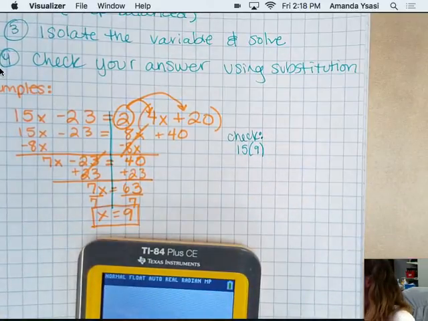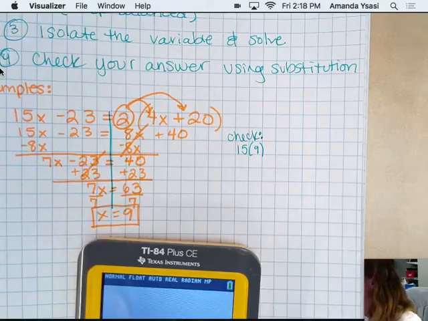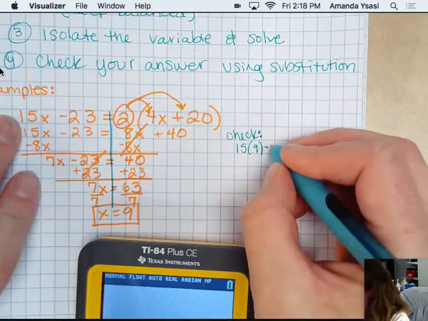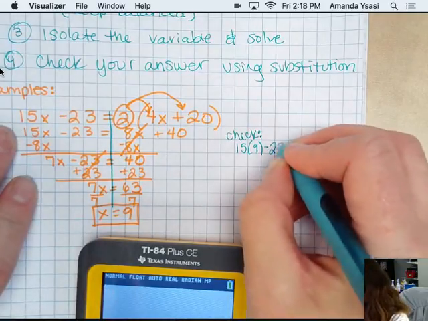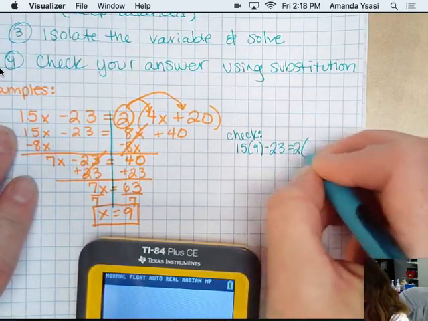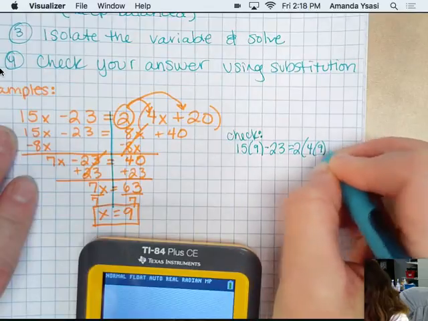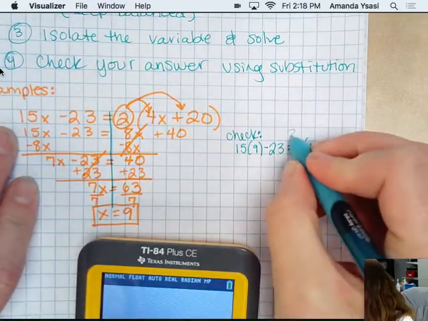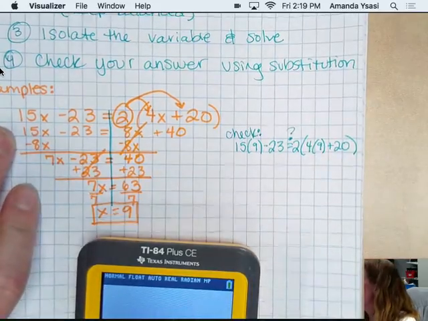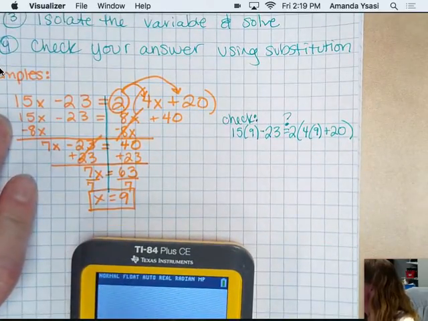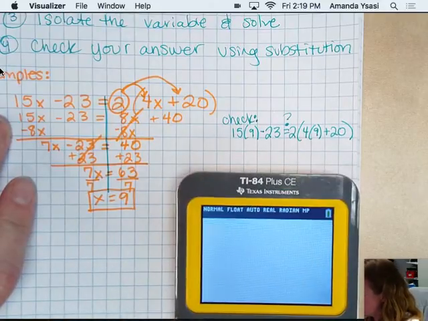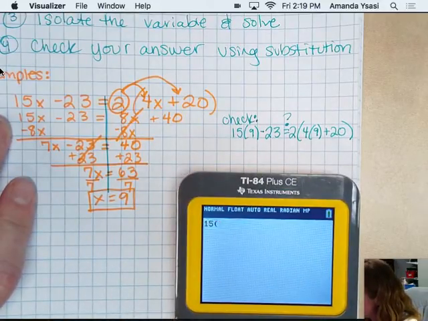I always put the solution inside of parentheses because it changes things whenever they're negatives or squares or something like that. That'll happen later on. And I put a question mark above the equal sign because I'm not sure if it is. If it isn't, then that's the wrong solution and we have to rework it. And if it is, then it's correct.